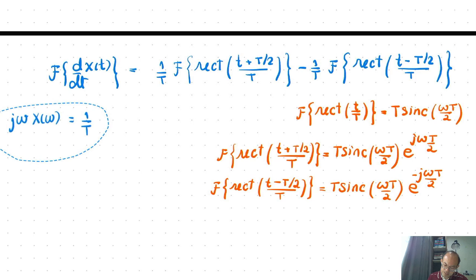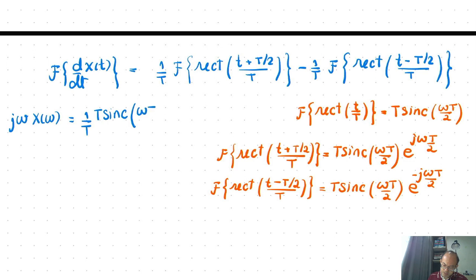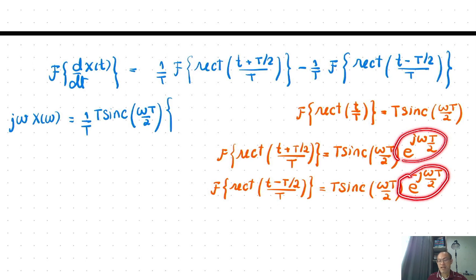1 over big T, and then we can pull the T sinc out of the parentheses to get T sinc omega big T over 2. Okay, and then the inside of parentheses are these two complex exponentials added together.